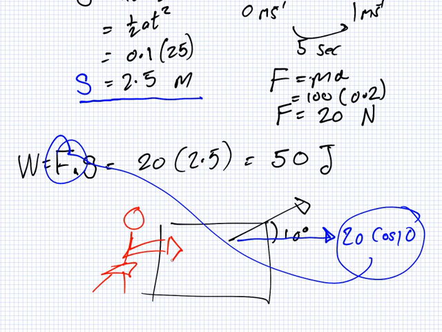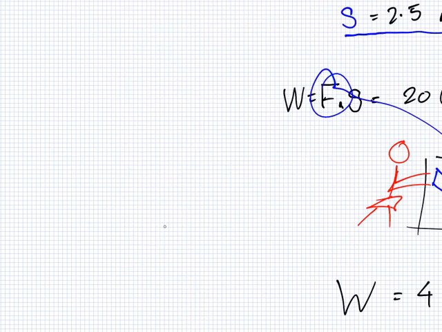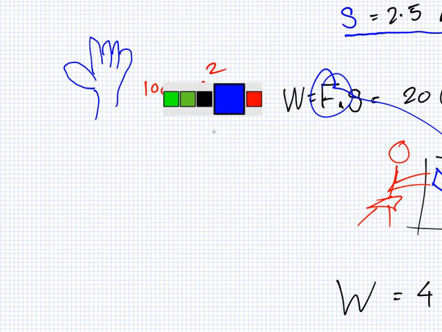We want the pressure at this area. The question says her hand has an area of 100 centimeters squared. So that's a hand, and its area is 100 centimeters squared.